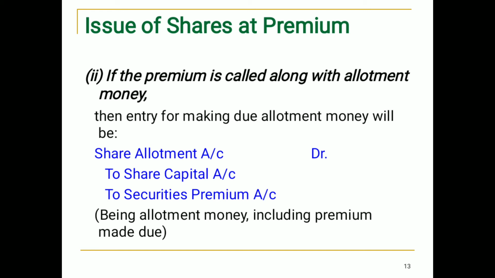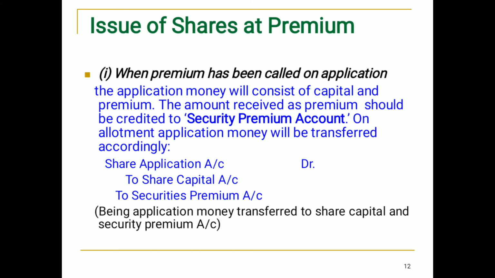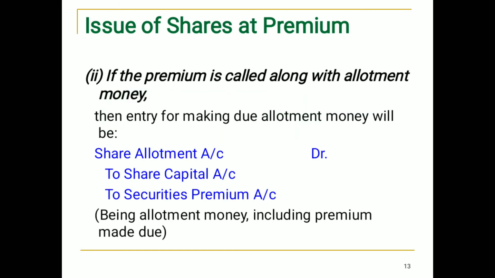Next. Issue of shares at premium, the same topic. And if the premium is called along with allotment money. Here the thing was that if it is called with application. Now if it is called with allotment money, again, there will be a minor change in the journal entry. What is the journal entry for making allotment money due?